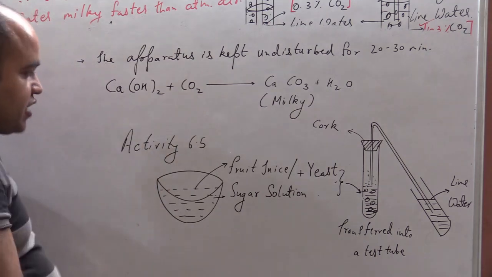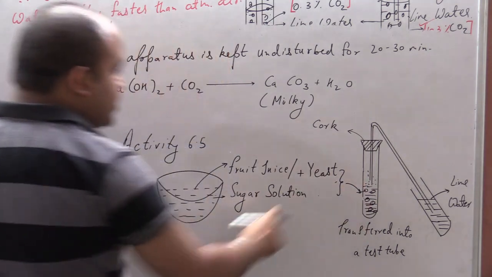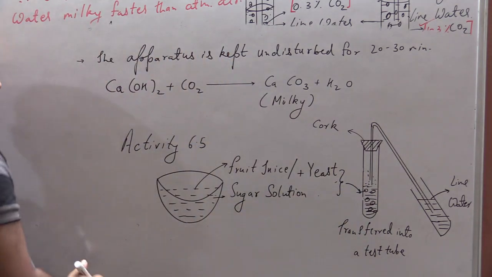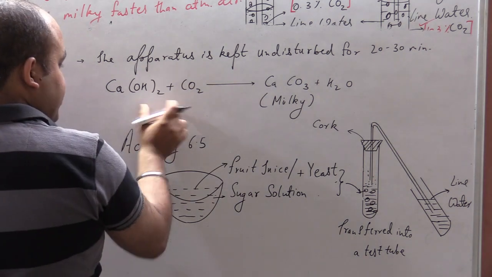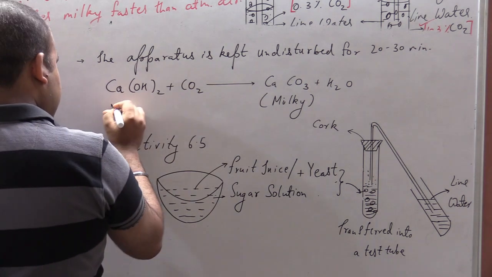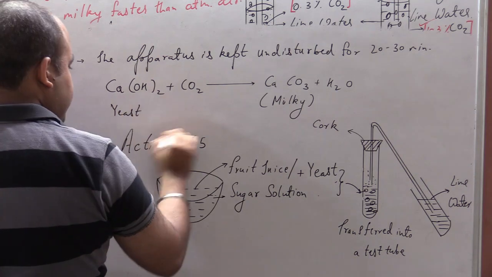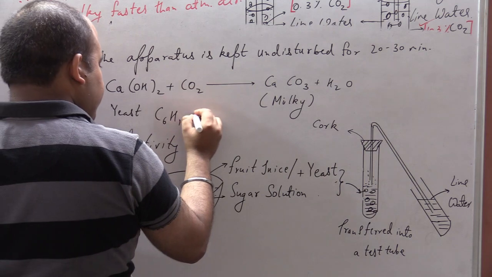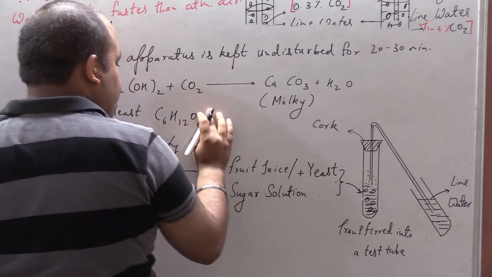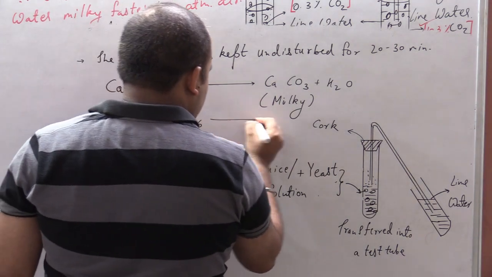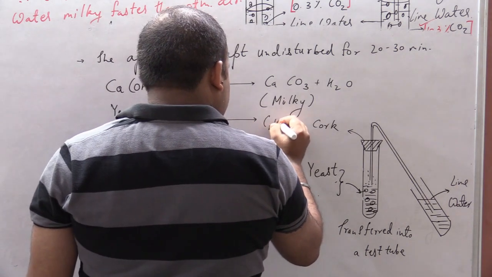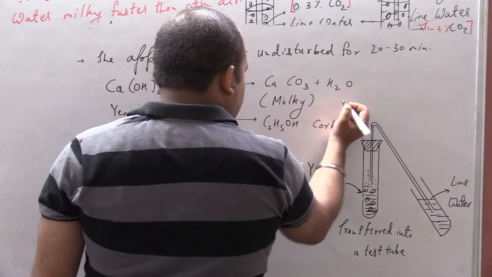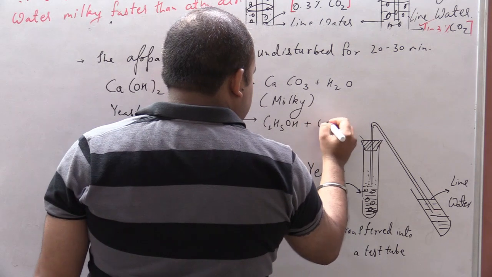Why is this carbon dioxide being produced? Because yeast has the ability to produce carbon dioxide. Before this reaction takes place, the yeast will cause the sugar molecules, C6H12O6, to be fermented into ethanol, C2H5OH, and carbon dioxide.